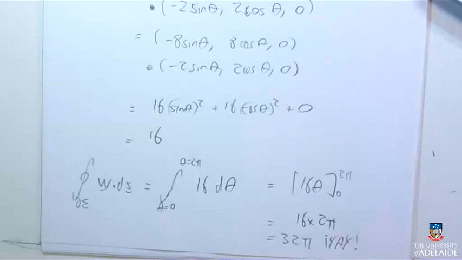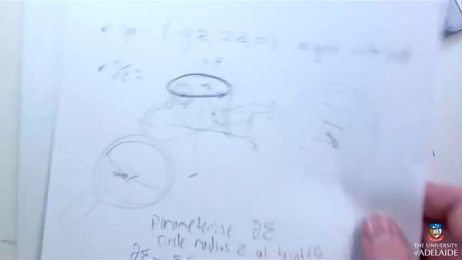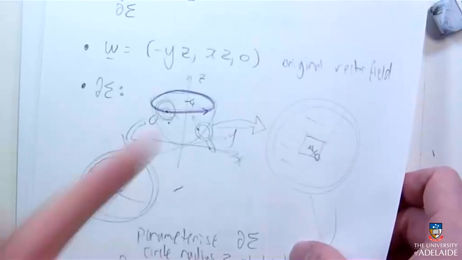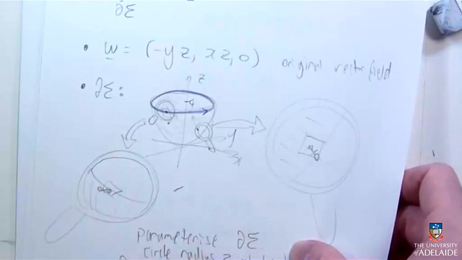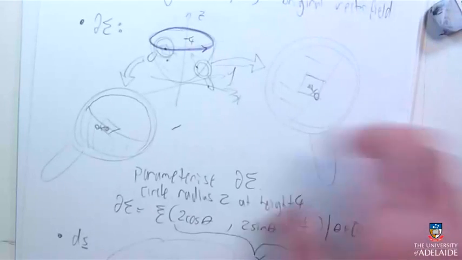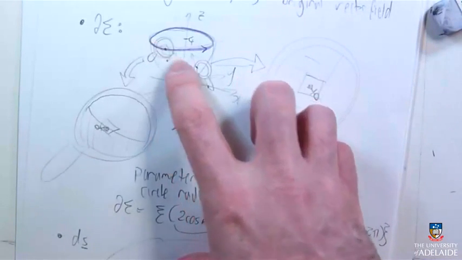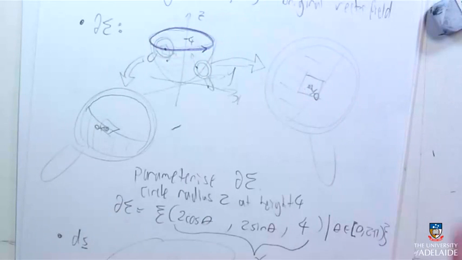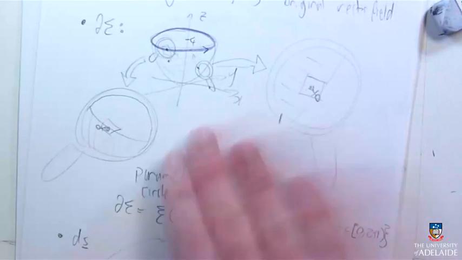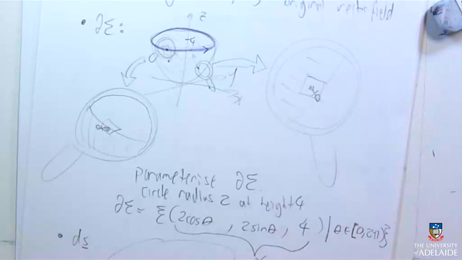So, what did we do there to do a path integral? We had to figure out what function we were going to do the path integral of. We had to parameterize our path, but because we were doing Stokes Theorem, we had to be careful about which direction we parameterized it in.